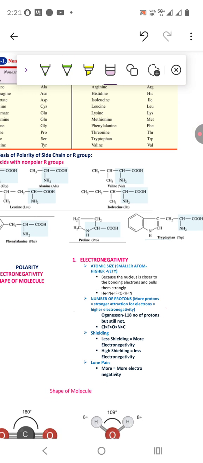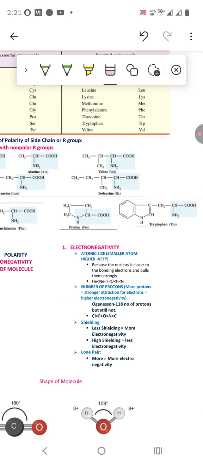What is electronegativity? Electronegativity depends on multiple factors. First, atomic size should be small. These smaller atoms will attract electrons because of their close vicinity to the nucleus. So the smaller the atomic size, the greater the electronegativity.